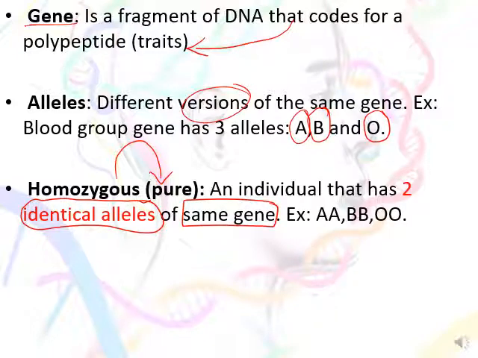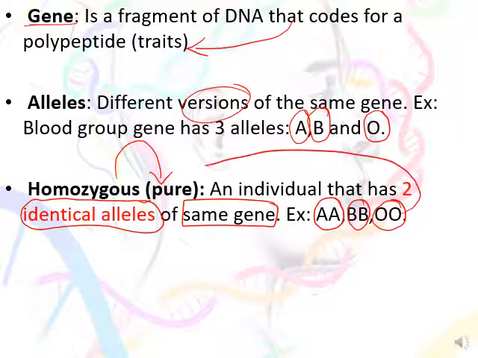An individual with blood group A is said to be homozygous when this individual has two identical alleles, both of them A. Blood group B can be BB, both identical alleles. And blood group O can be OO, both of them similar. So two identical alleles: this individual is said to be homozygous or pure, related to the blood group gene.